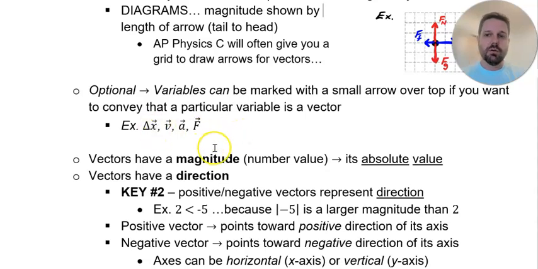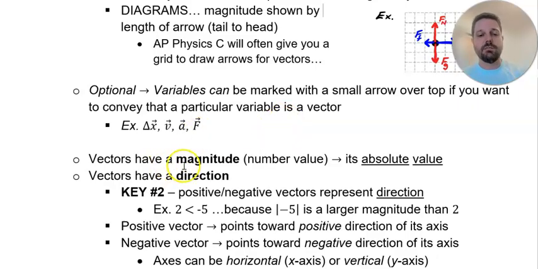And so by putting an arrow, we're saying, hey, it's really important that we're treating this as a vector. We can still just put f, and it's implied that it's a vector. But again, if you want to tag it that this is important to treat as a vector, then you can put the little arrow over it, and that's calling it out, highlighting the fact that it's a vector in that problem.